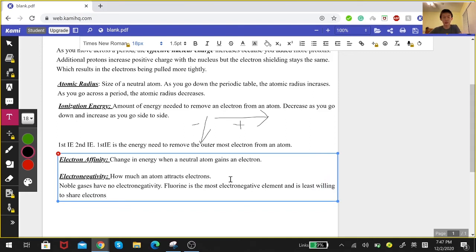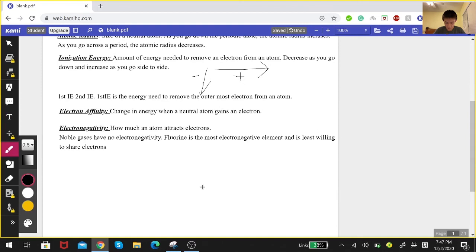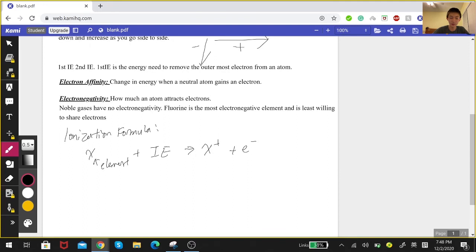This has been quite a long video, and I'm going to quickly write the formulas for electron affinity and ionization. The ionization formula is X, which is the element, plus ionization energy, resulting in the cation of the element plus an electron.